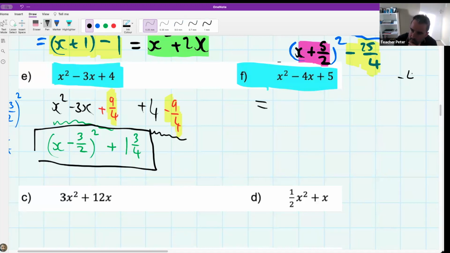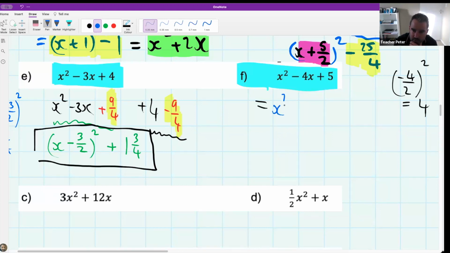So I've got minus 4 over 2. And then I need to square that. And what's that going to give me? Minus 2 squared, that's 4.